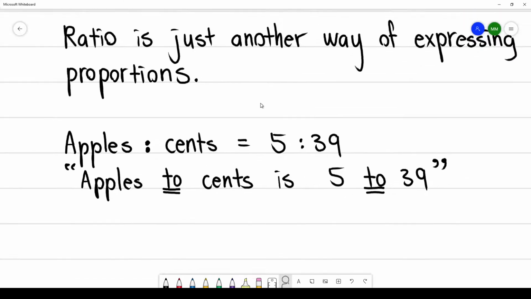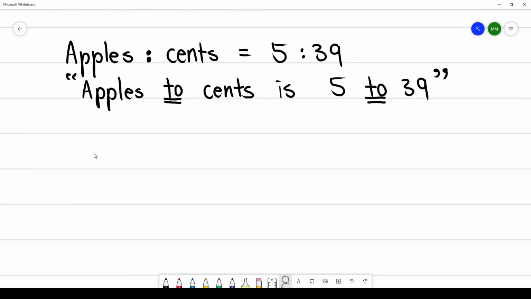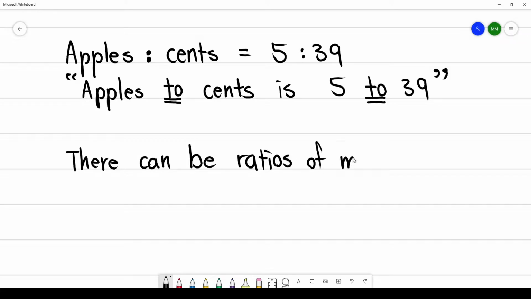And one other thing. What's the nice thing about ratios is that there can be ratios of multiple quantities. And by multiple, I mean more than 2.